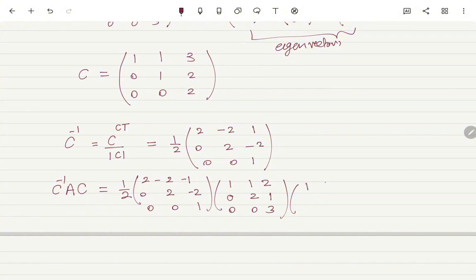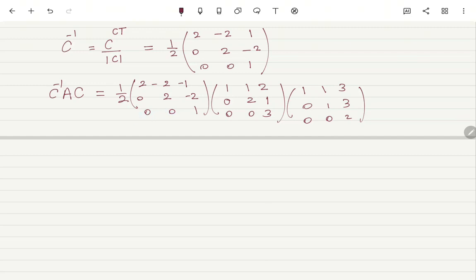Upon multiplying these matrices, the answer will be half times 2, 0, 0, 0, 4, 0, 0, 0, 6.